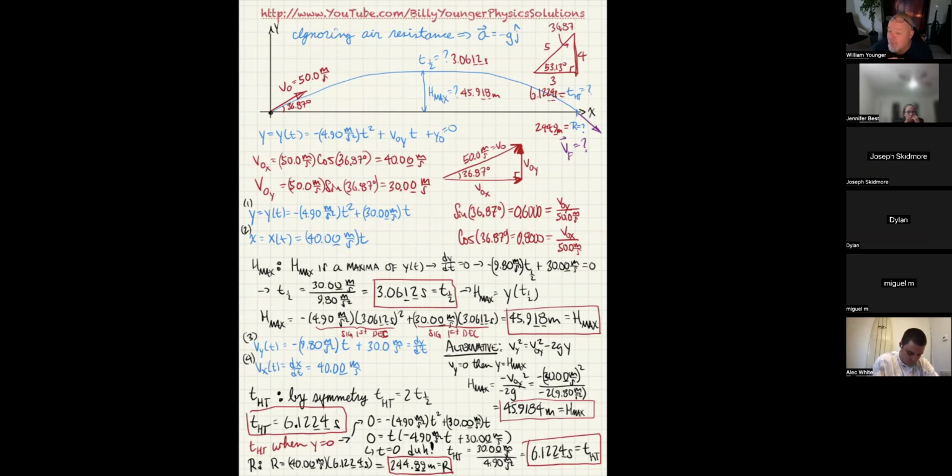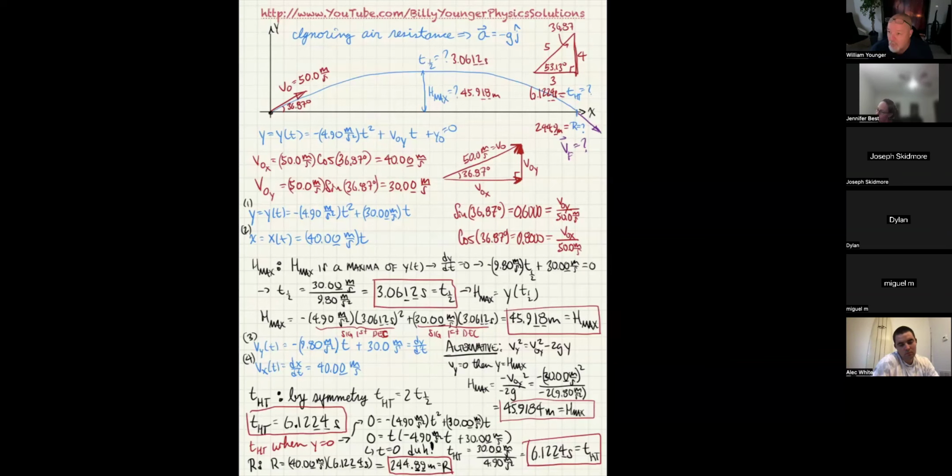Does anybody know what the final velocity would be in the x direction? 40. Exactly. Notice equation 4 applies. So equation 3 and equation 4 both apply. We could have used t hang time to find that Vy of t at the end of the t hang time would be negative 30 meters per second.